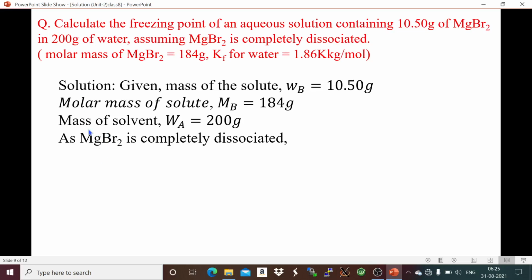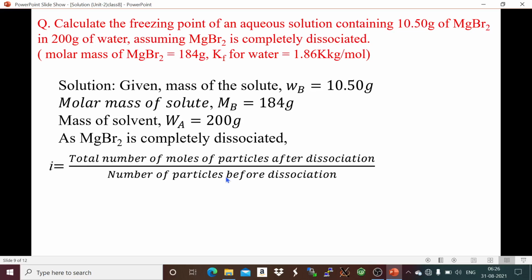Just like NaCl gives Na+ and Cl-, MgBr2 gives Mg2+ plus 2Br-. So we can calculate the i value: total number of moles of particles after dissociation divided by number of particles before dissociation. Magnesium 1, bromide 2, that is 3 divided by 1, it is 3.